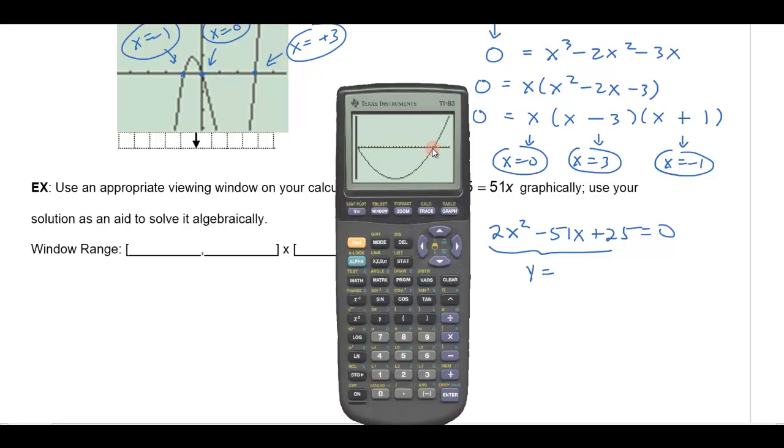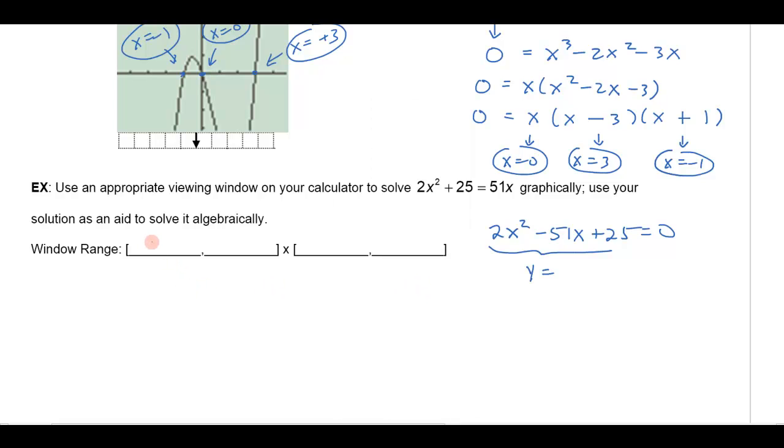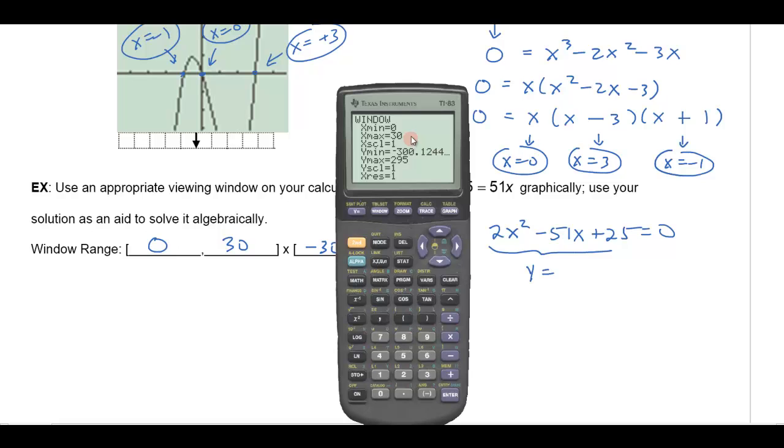Now what I really want to look at is these here, and it did ask me for my window range, so it looks like it went from about 0 to 30 in my x direction and about negative 300 to 300 in my y direction. So that'd be my window, and I'd like to know these points right here where it actually crosses the x-axis.